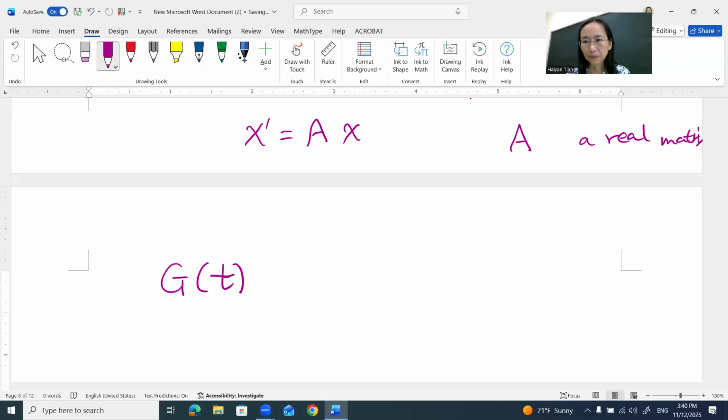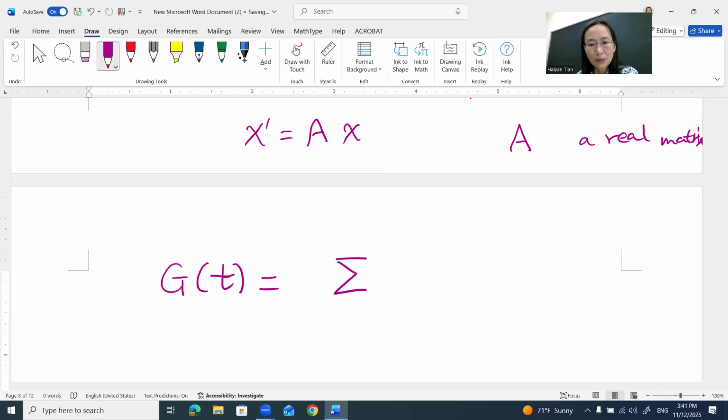And then we can try to expand it, as if we write the Taylor polynomials for this matrix valued function.